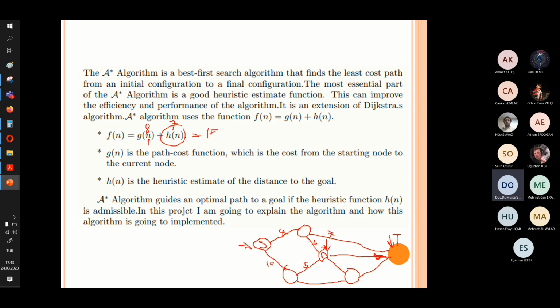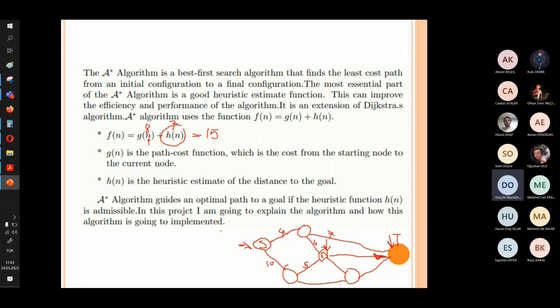That value is not a certain value. It is still an estimation because there is a heuristic part in it. Therefore, we are not talking about the actual cost of reaching from source to target. We are just making a rough estimation of going from S to T by using node N, the current node.